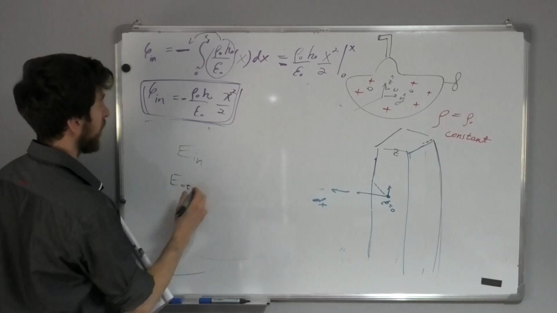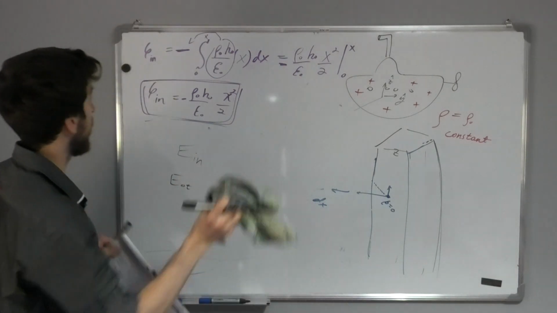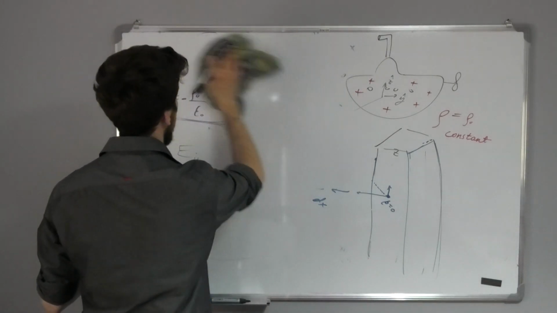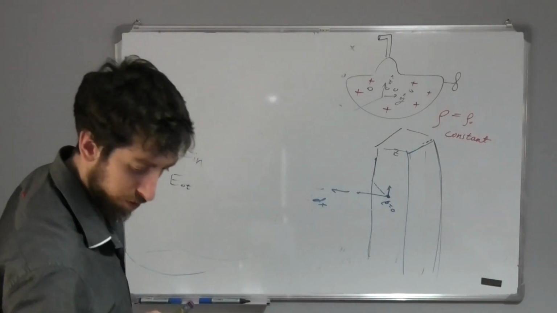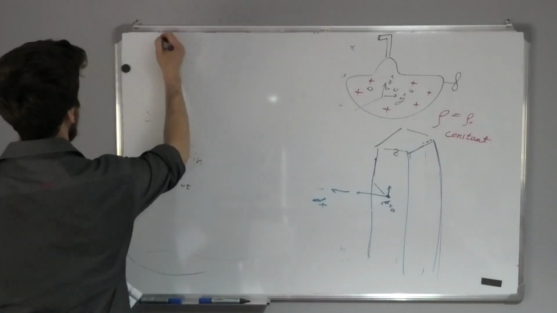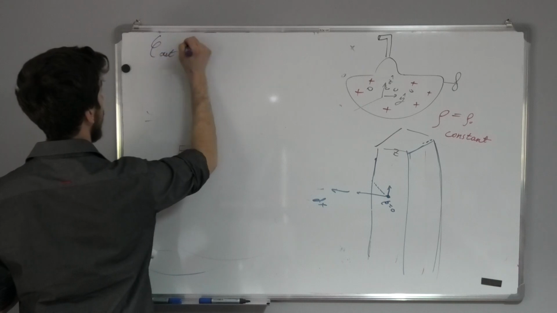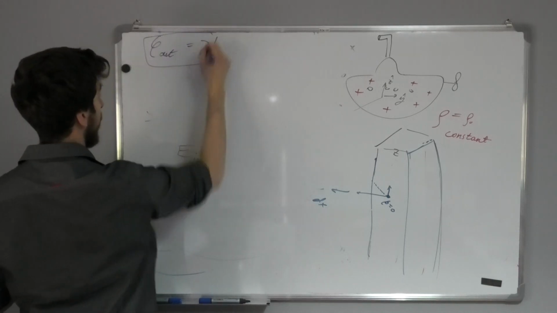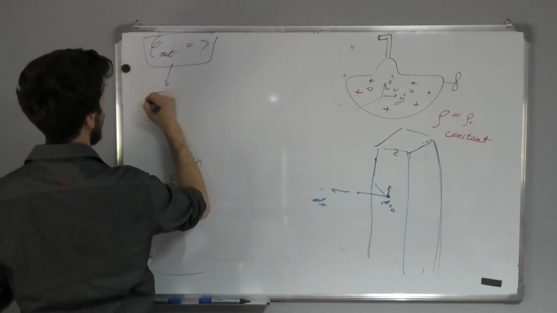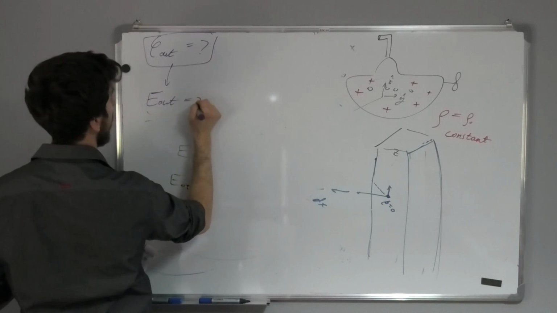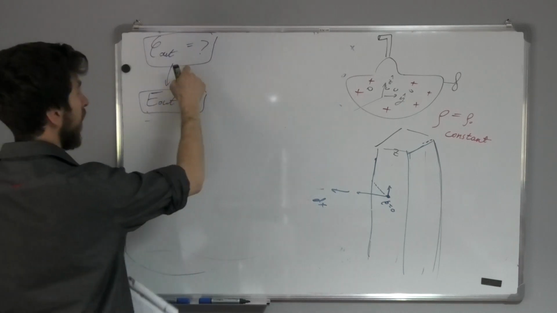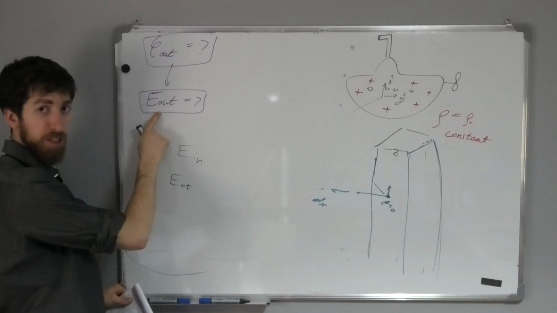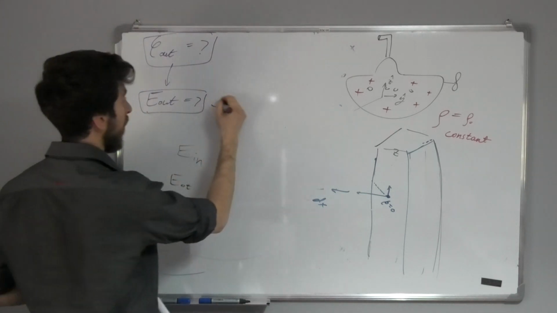So the question is, what is phi out? And for that we actually need to find what is E out, because we cannot do the integral to solve this if we don't know what is E out. Perfect. So how can we find E out?